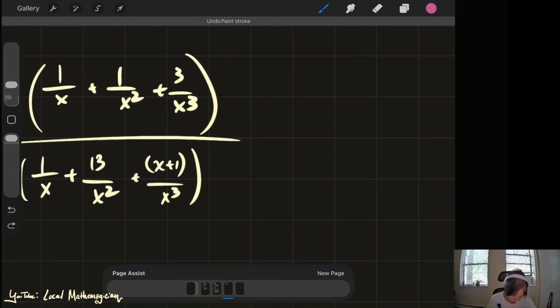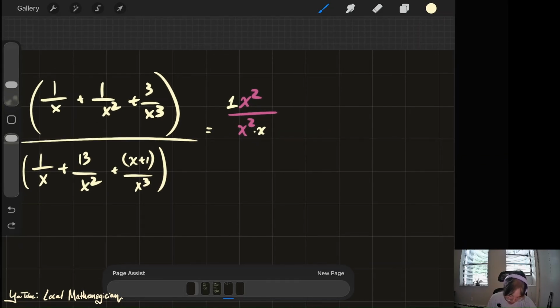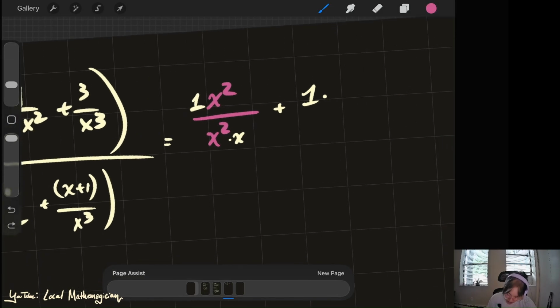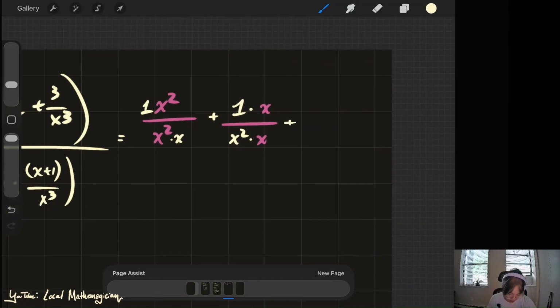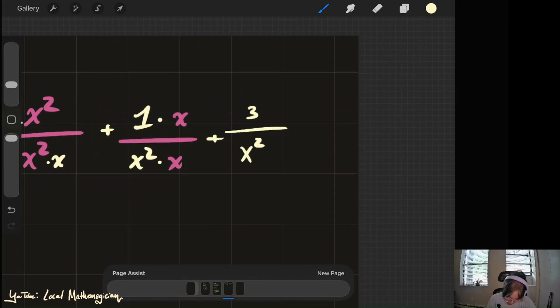So our numerator is going to be written as x squared over x squared times x, right? So there's a 1 here from here, right? Plus 1 times, to get this guy to become an x cubed, you multiply by just 1x. X over x squared times x, plus, oh look, this is already x cubed. Nice. 3 over x cubed.